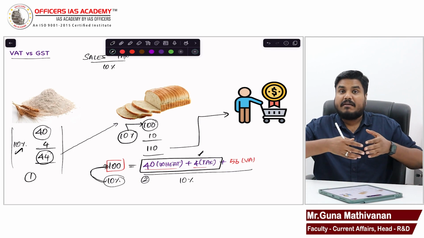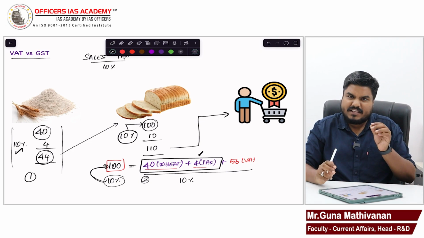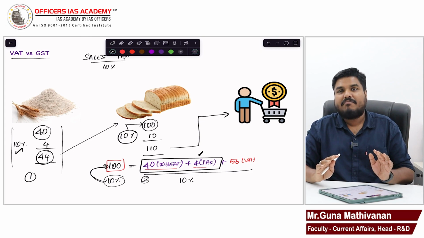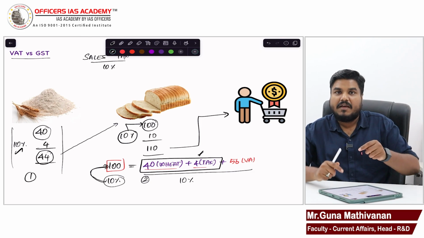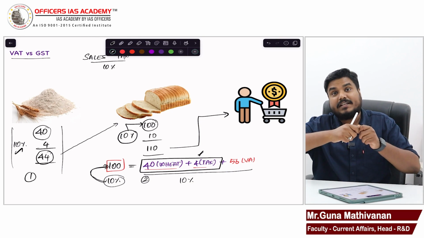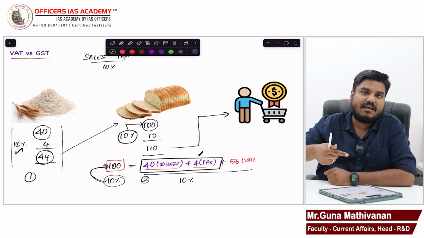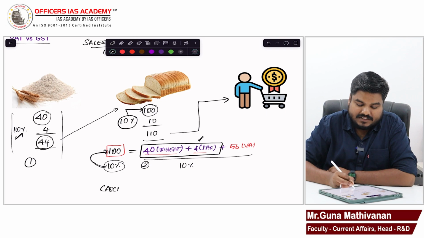Right? If a supply chain has more number of value additions, here I have taken a very simple supply chain, wheat, bread, that's all. But if you complicate the supply chain, wheat, bread, now bread is getting converted into sandwich or some other bigger supply chain, then more double taxations will happen and you will be witnessing cascading of taxes.